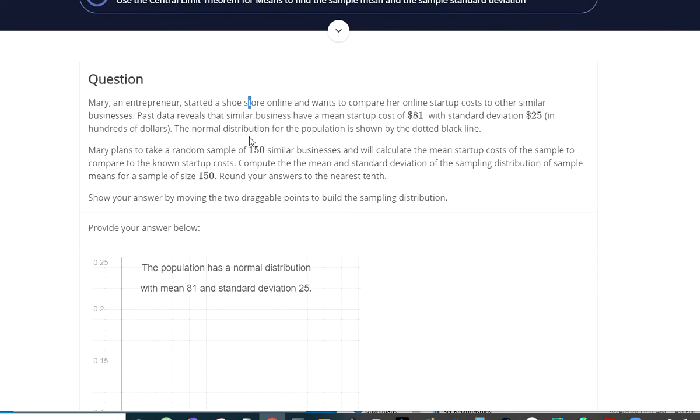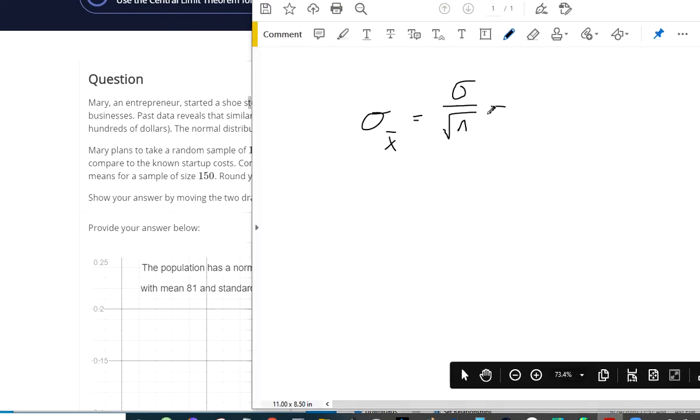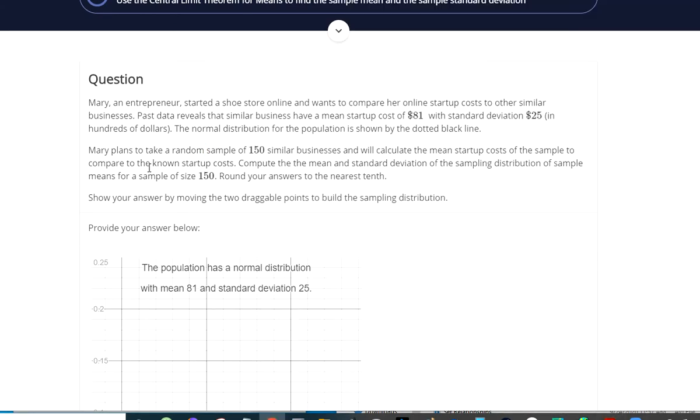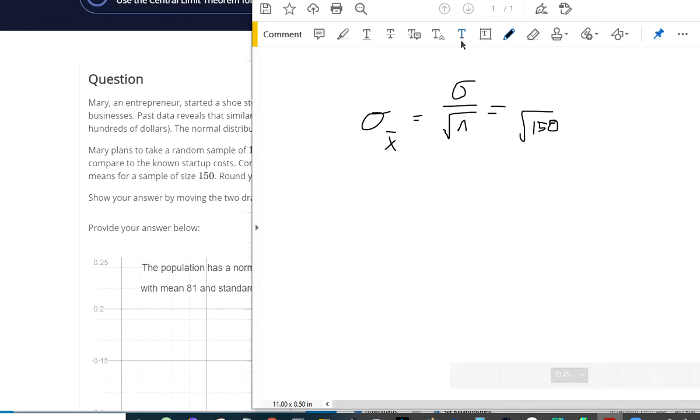There's 150 businesses, so that's our n. Our standard deviation is 25.